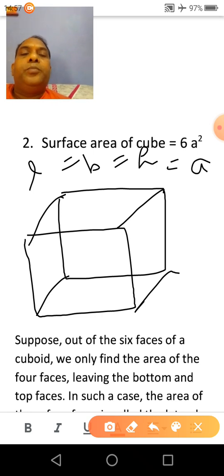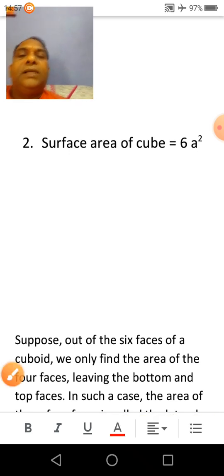So put L, B, H equal to A in the area of cuboid.